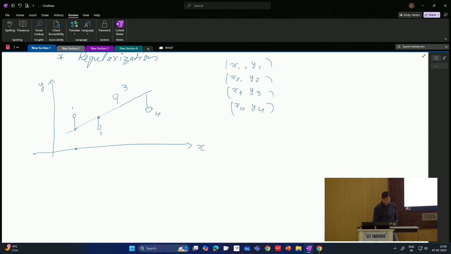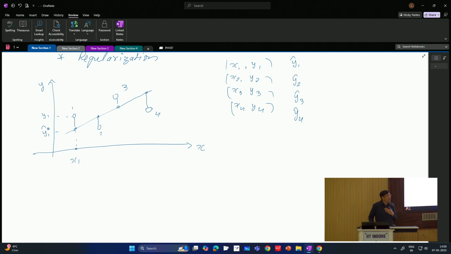And for each of these there are the projections on the line, so you've got the corresponding y1 hat, y2 hat, y3 hat, and y4 hat. This is the predicted value, because you are predicting it based on x. If this is x1, this is y1, this is y1 hat, and so on. You can figure out the rest on the figure.